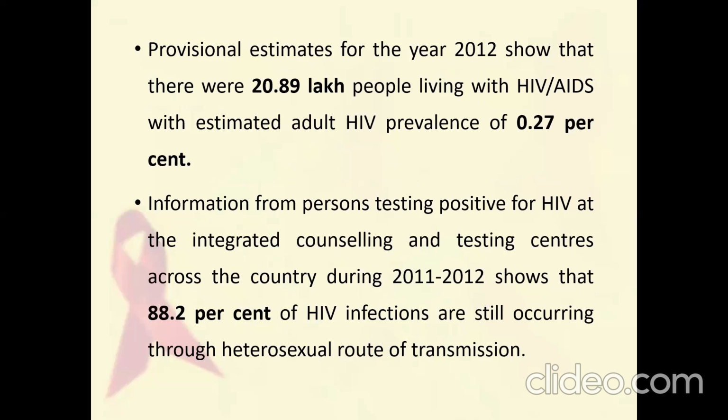Then provisional estimates for the year 2012 show that there were 20.89 lakh people living with HIV/AIDS, with an estimated adult HIV prevalence of 0.27%. Information from persons testing positive for HIV at the integrated counseling and testing centers across the country during 2011 to 12 shows that 82.2% of HIV infections are still occurring through the heterosexual route of transmission.